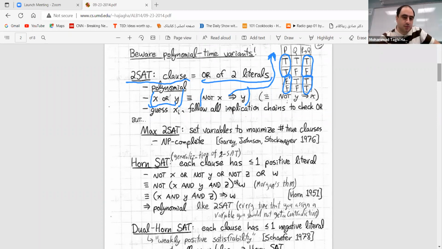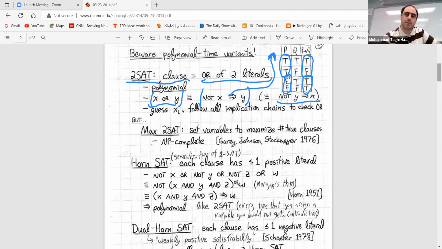Now, it is easy to see that x OR y is equivalent to: not x implies y. Or you can equivalently say: not y implies x.